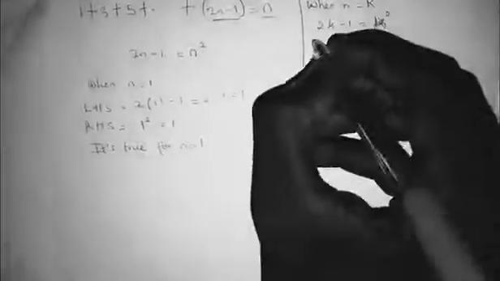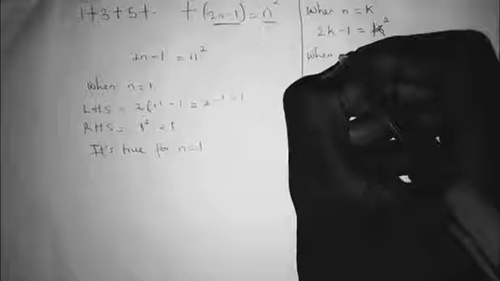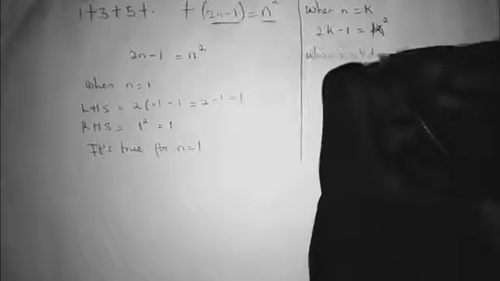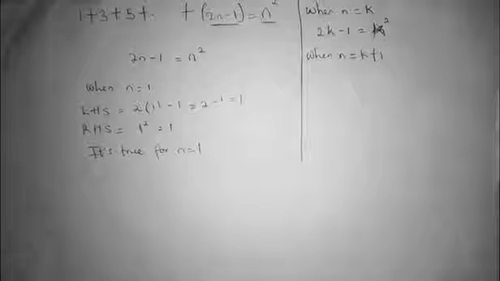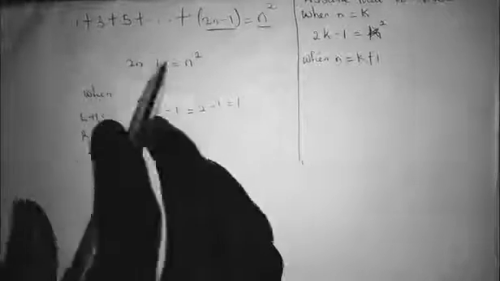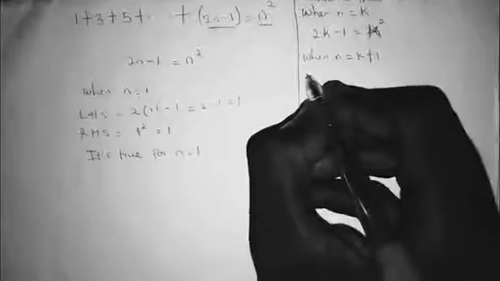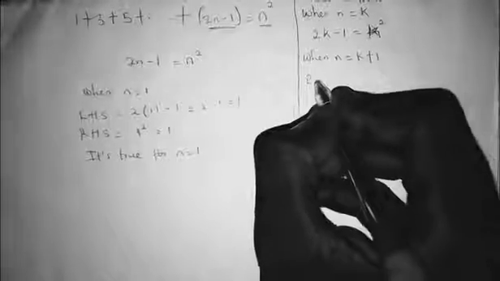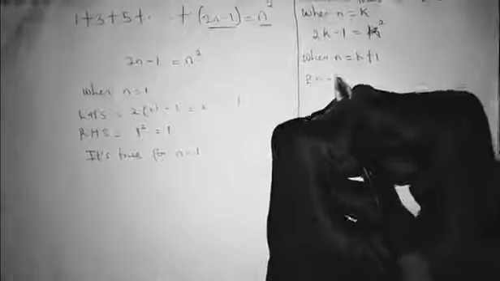Now when n equals k plus 1, this is where the real work is. So we have 2n minus 1.